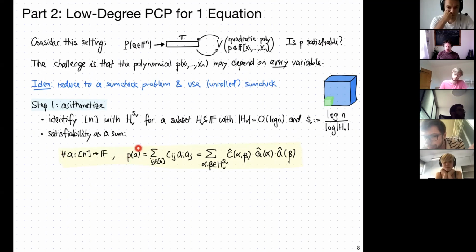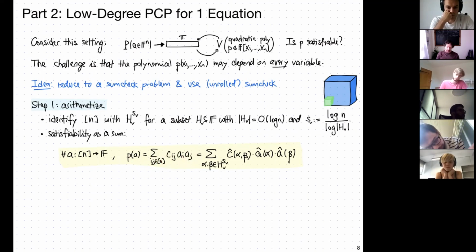When we apply the polynomial to the assignment, this is a quadratic equation. So we're summing over all of the monomials here, and we have some coefficient times the variable.